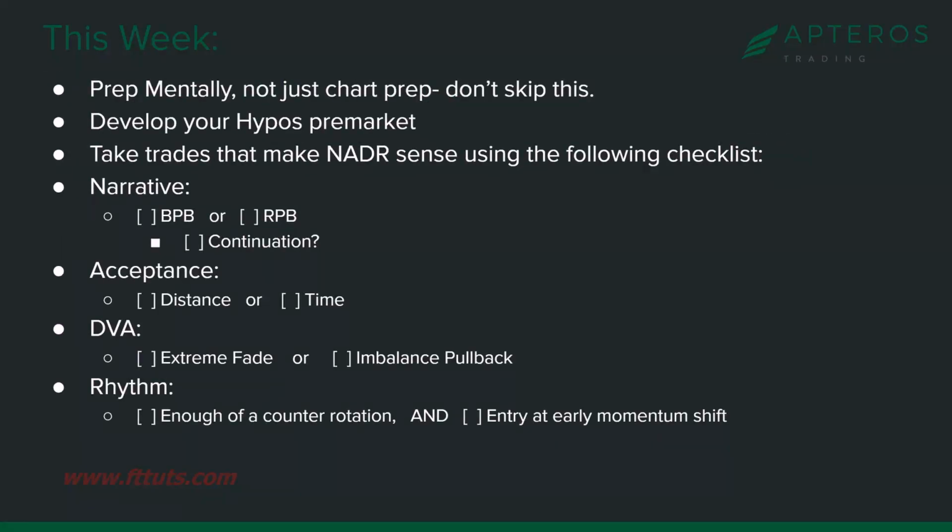So what are we going to do this week? You're going to prep mentally. Not just prepping your charts. Remember to do some affirmations, visualizations. Think about working on your mental game before the market opens. So that's request number 1. Then I want you to develop your hypos, just like we did last week.